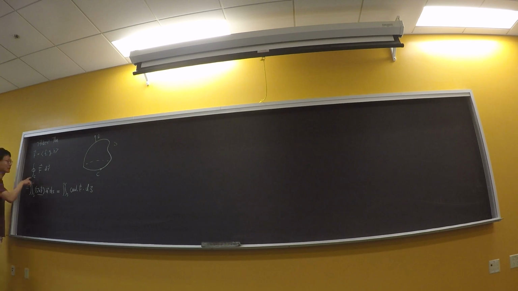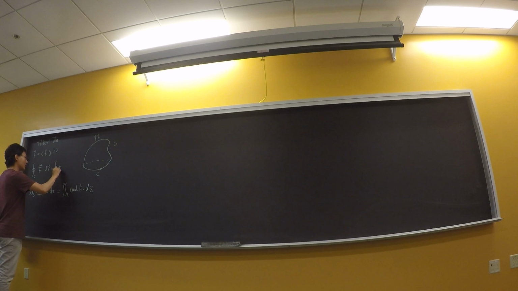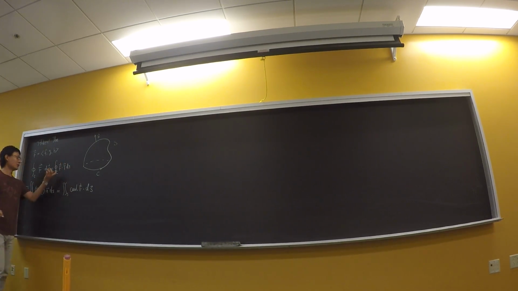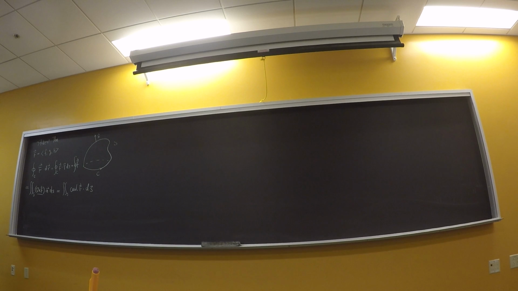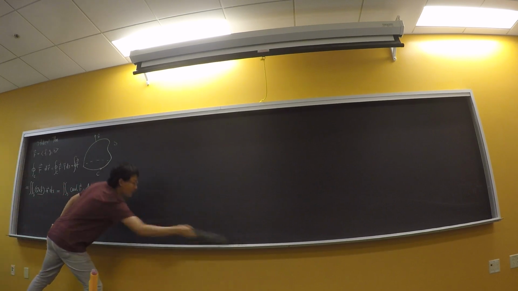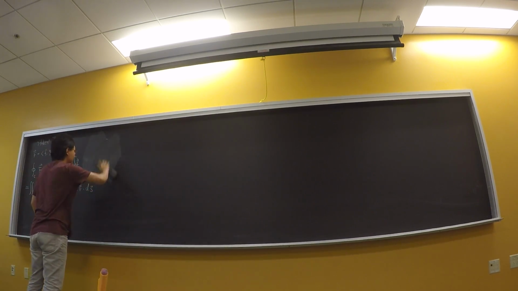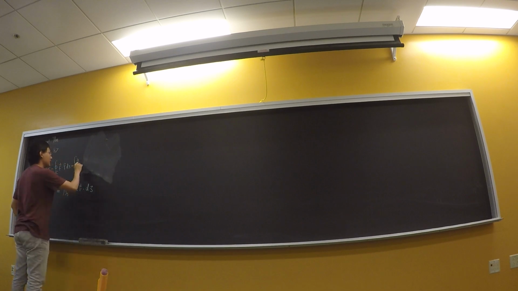For the line integral on the curve, this is equal to the inner product between the vector field and the tangent, which is the same as F dot r prime ds.